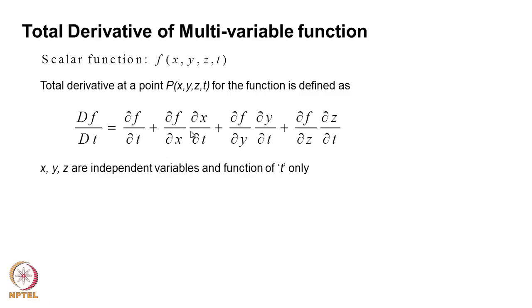Now, you can also recognize that dou x by dou t is the time rate of change of spatial coordinate, which is actually the velocity in the x direction. Similarly, dou y by dou t is the velocity component in the y direction, and so also for the velocity component in the z direction. Because function f is dependent on 3 coordinates x, y, z and t, we have partial derivatives defined for that function in time as well as in the other 3 spatial coordinates.